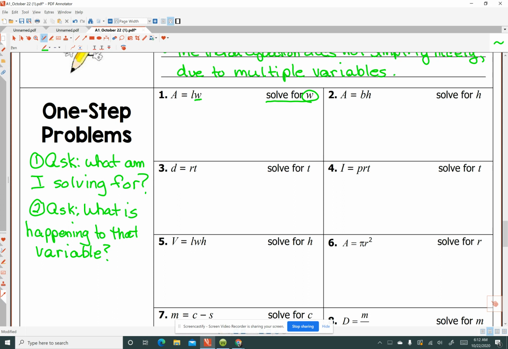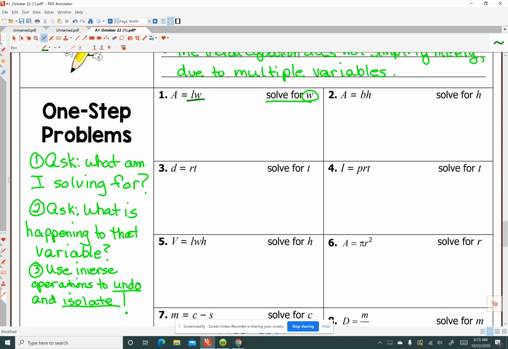W is being multiplied by L, which leads me to my next step, which is to use inverse operations to undo and isolate. And that's how we solve. So what is happening to w? W is being multiplied by L.